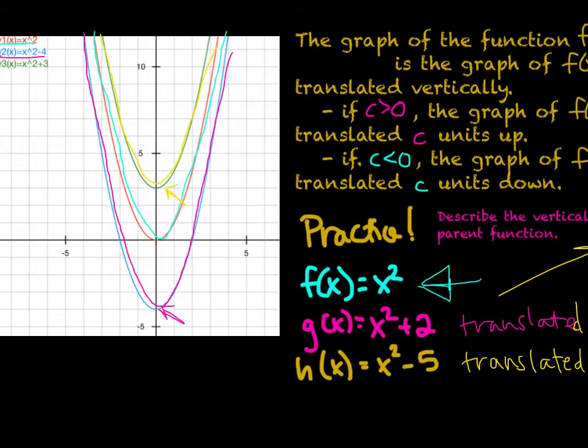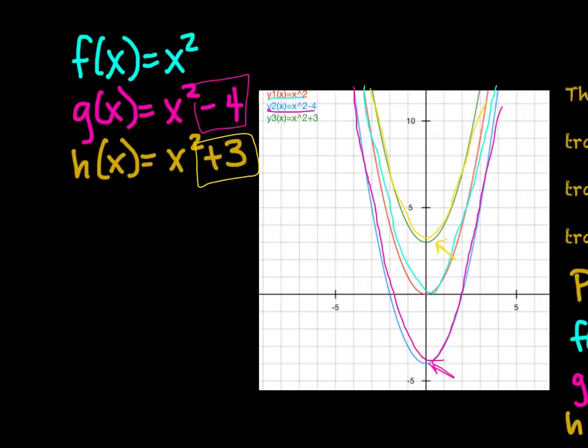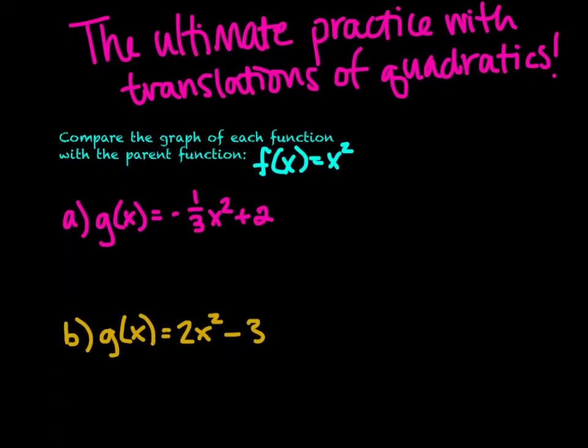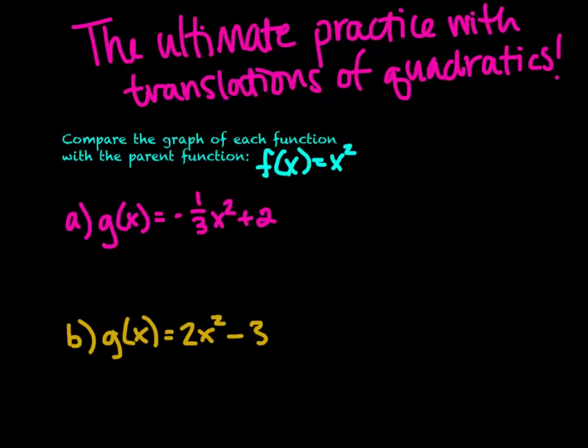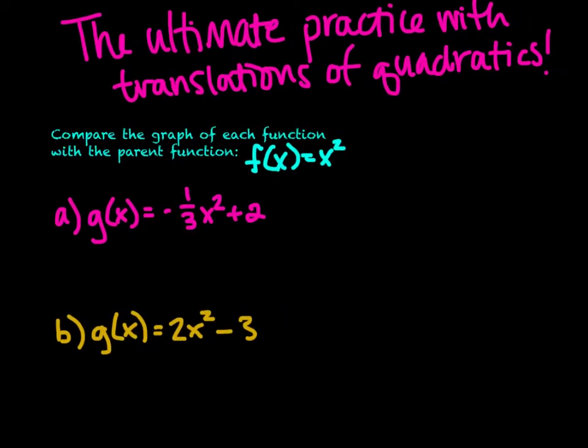Now we're going to try one last ultimate test of our new skills, the ultimate practice with translation of quadratics. I want you to compare the graph of each function with the parent function, f of x equals x squared. How does the graph g of x equals negative 1/3 x squared plus 2 change from f of x? First, we can look at how narrow or wide it is.